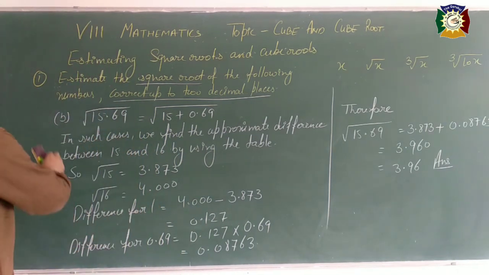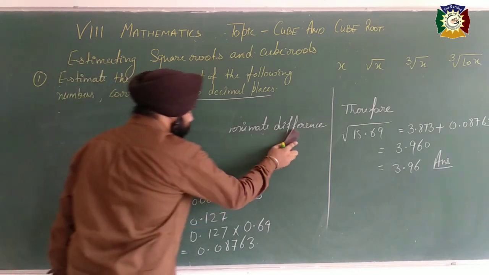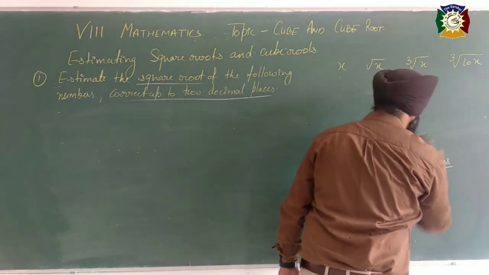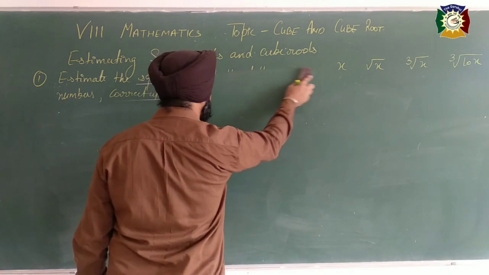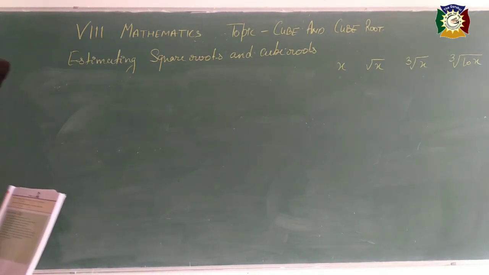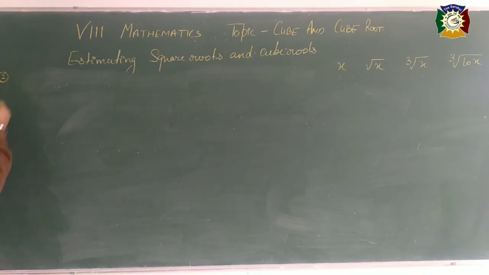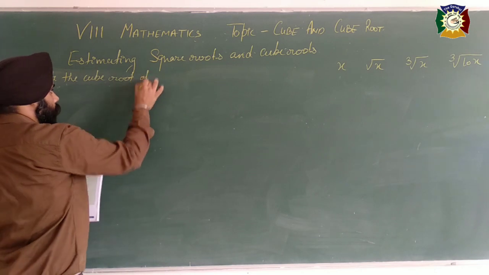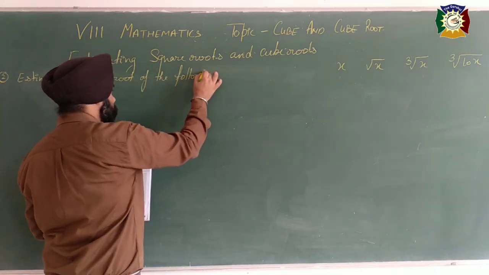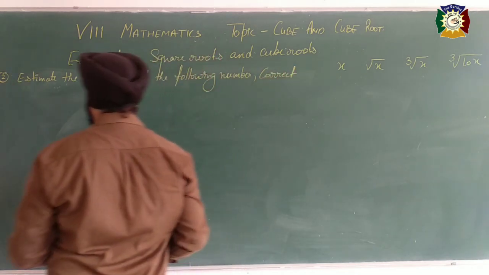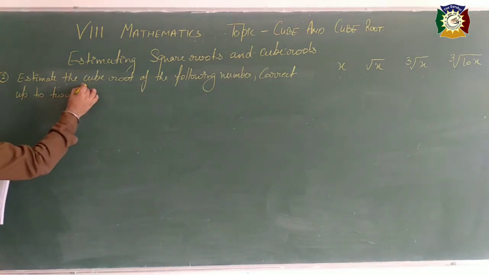Now in the second question, we have to estimate the cube root of the following numbers, correct up to 2 decimal places.